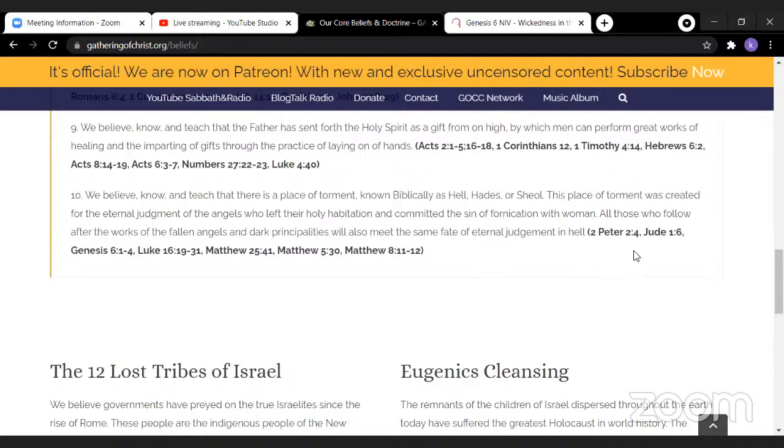So even some of the Hebrews believe the same thing that the Catholics and the Christians believe. I guess Christians and Catholics are basically the same thing. Yes, Christianity, all of it. Right. And so they're holding to a Christian doctrine, which means that they're really Christian.